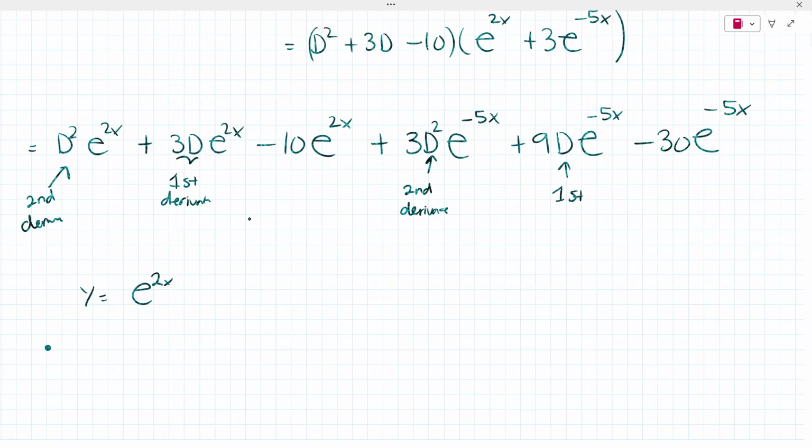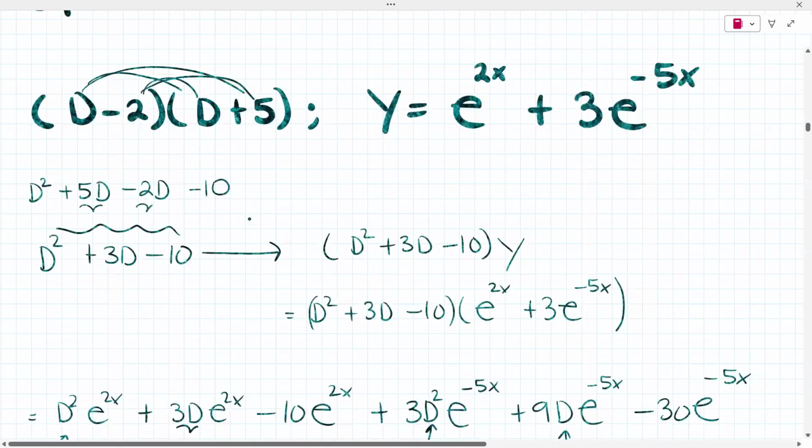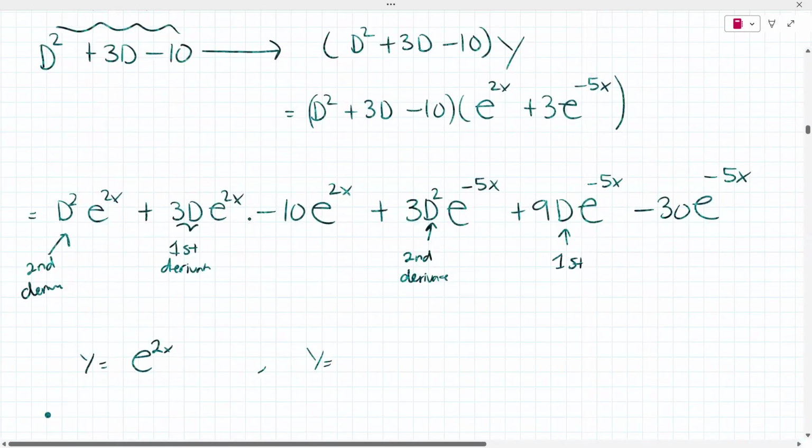Oh, we have two y's, right? Let's make our two y's as y equals e to the 2x, and then our other y was the second part of this one. No, it would be e to the negative 5x.